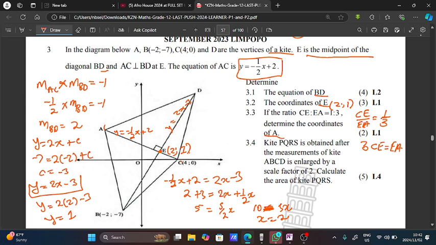So I want to say the coordinates here is 6 and 3 at A. Yeah? Minus 6 and 3. Because they are saying EA base, this length all the way from here to here.